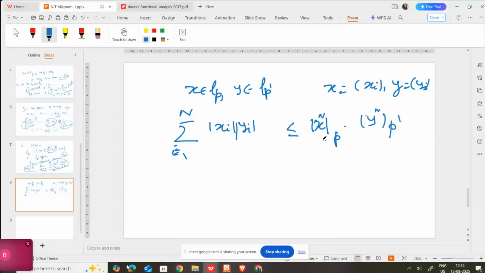What is this xn p I am talking of? What we mean here is the summation i equal to 1 to n of mod xi raised to p, and then I'll take a power 1 by p.